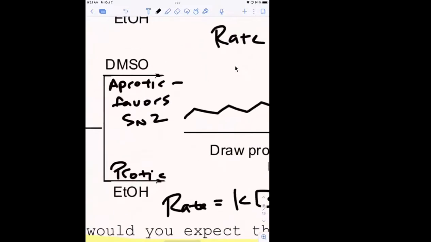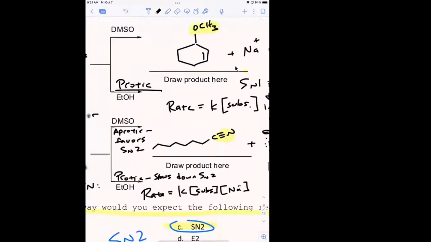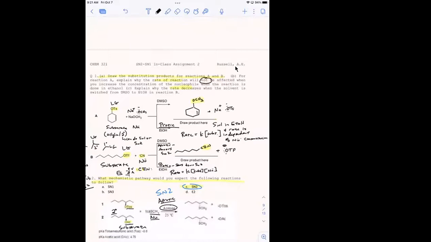Protic solvents slow down SN2. So now we can ask that question. Explain why the rate decreases when the solvent is switched from DMSO, which is aprotic, to ethanol. How does a protic solvent slow down an SN2 reaction? What happens?